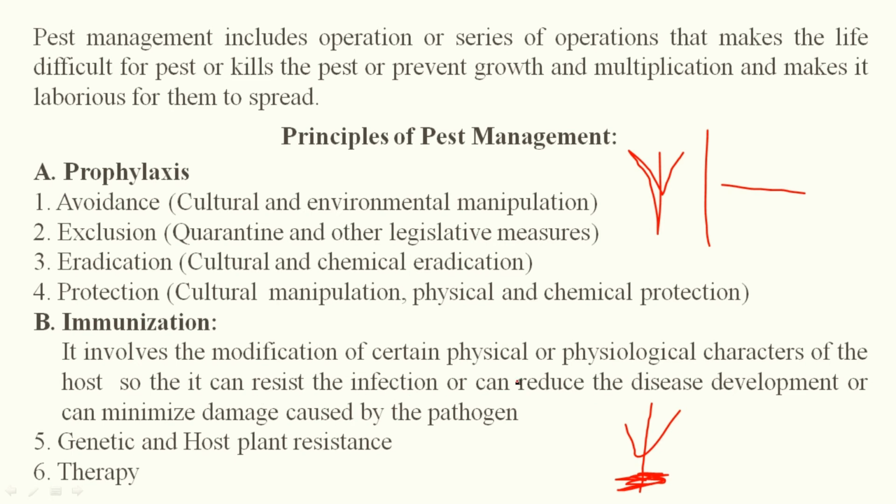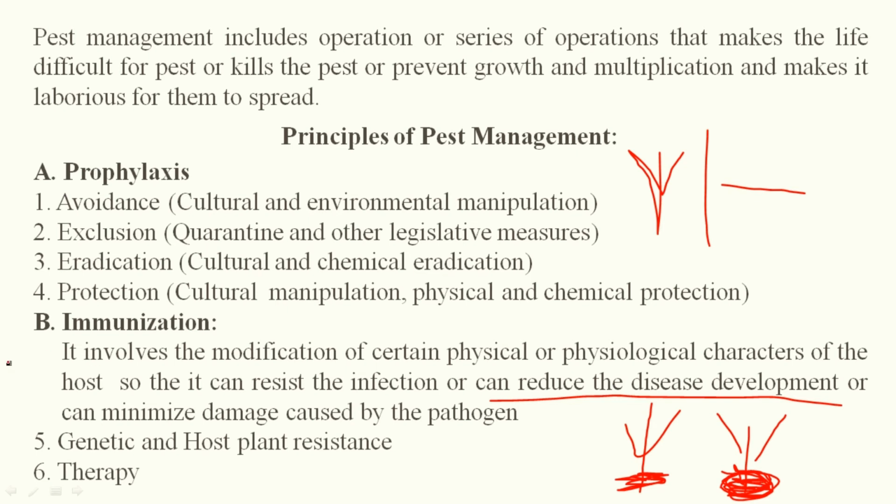Third one is what? Or can reduce the disease development. That means same thing. Suppose the disease is here, it will stop the fungus or the virus or whatever the causal organism pathogen. It won't further multiply. They will die here itself. So this is what? Immunization.